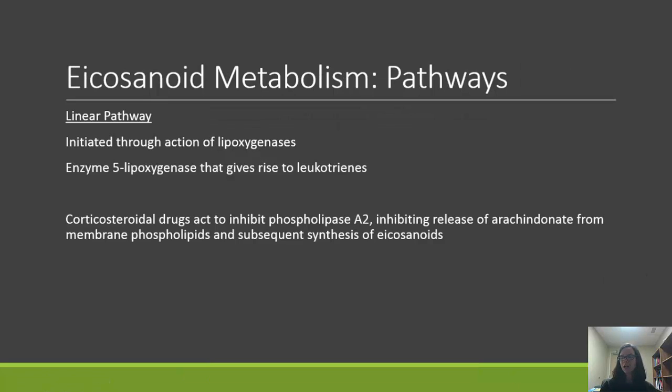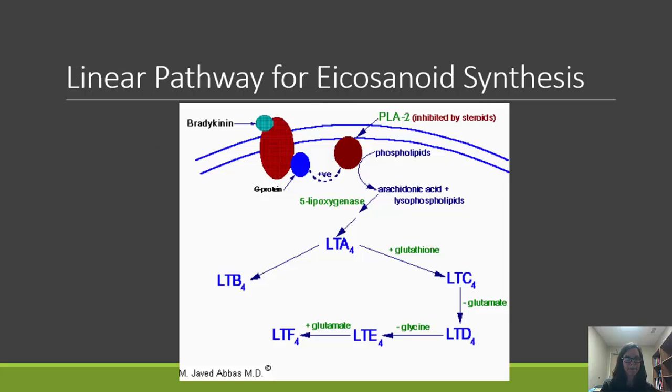And then of a bit less biological significance is our linear pathway, which is initiated through the action of lipoxygenases. The enzyme 5-lipoxygenase specifically gives rise to our leukotrienes. So corticosteroid drugs act to inhibit phospholipase A2, which inhibits the release of arachidonate from membrane phospholipids and the subsequent synthesis of eicosanoids.